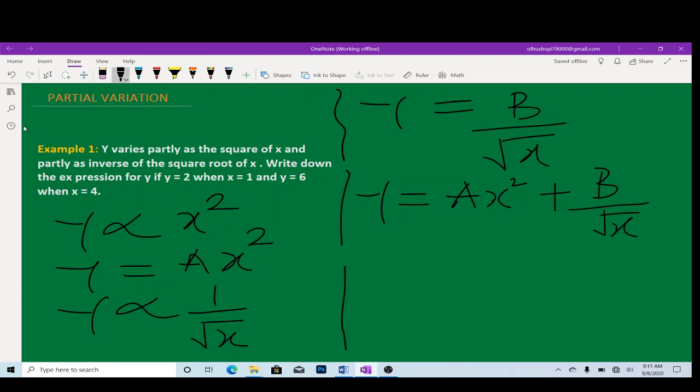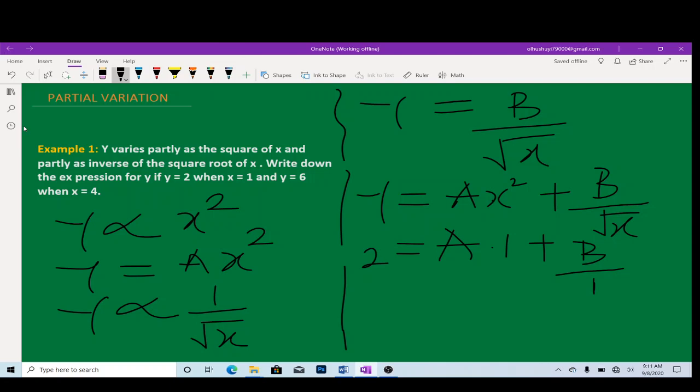Now the first statement gives us equation 1. They say when y is equal to 2 and x is 1, we have 2 is equal to a times 1 squared, plus b over the square root of 1. The square root of 1 is still 1.